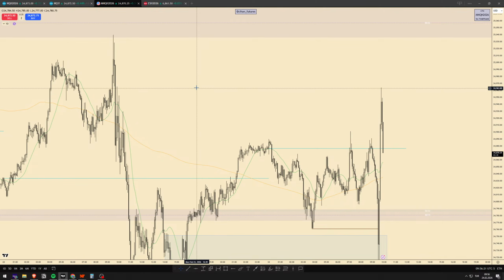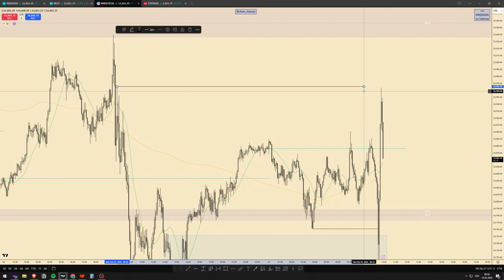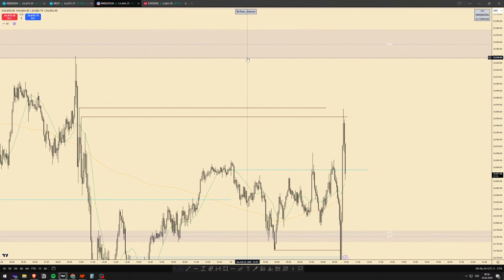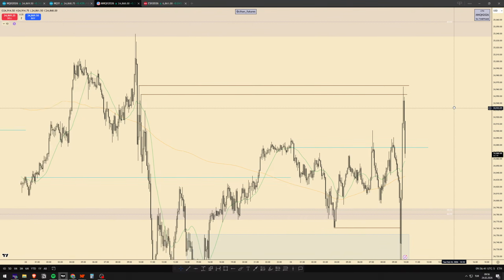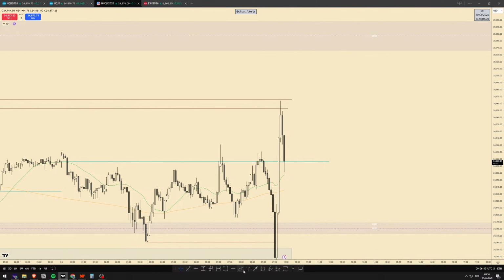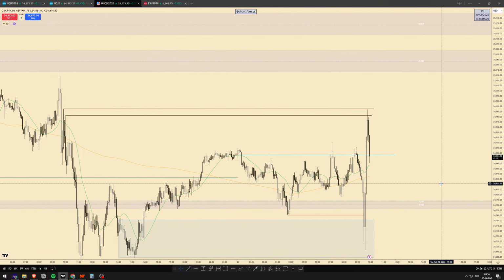Oh, Nasdaq couldn't sweep this high, but it took these two. Sometimes it happens. I was expecting one last push towards this extreme over here. I still think price might come back and take this high with a moment like this, but let's see.